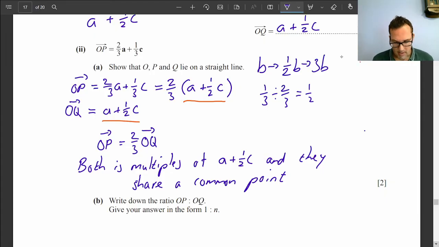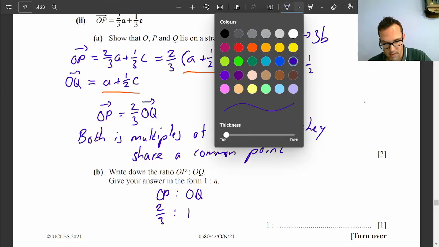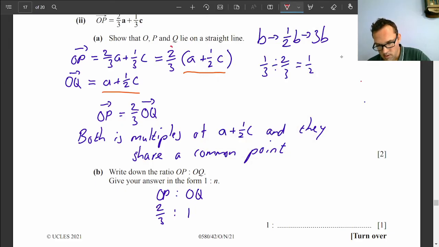Okay, next one. They say write down the ratio of OP to OQ. Now, I already had that before. I had OP is 2/3 when OQ is 1. I'm referring to these 2/3, whereas we put this in brackets, that will be 1. That's why it's 2/3.